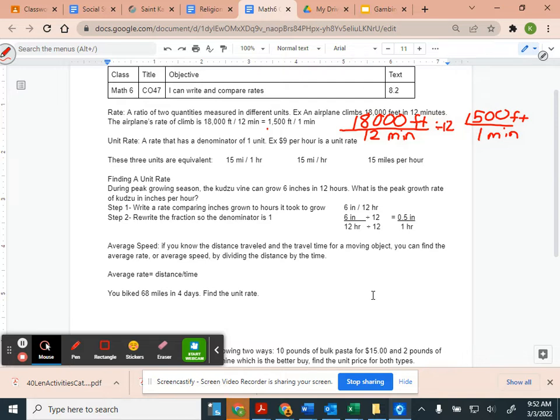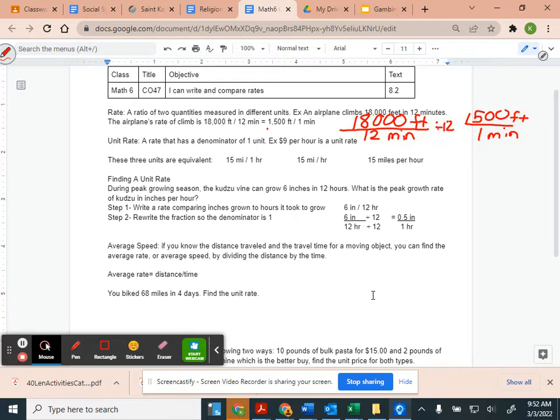So when you're driving a car, you'll see the speedometer. You might notice mom and dad's speedometer or speed limit signs. You see those speed limit signs and it says 40 mph. mph is miles per hour.